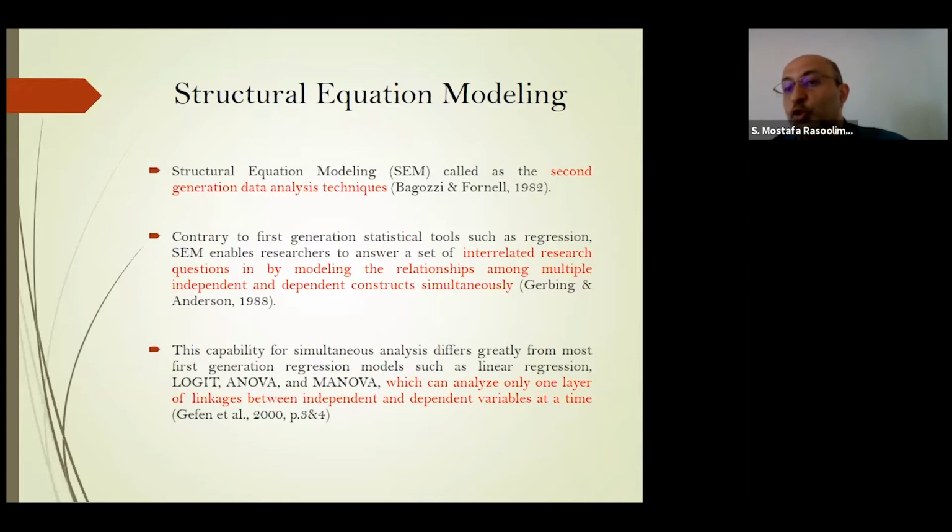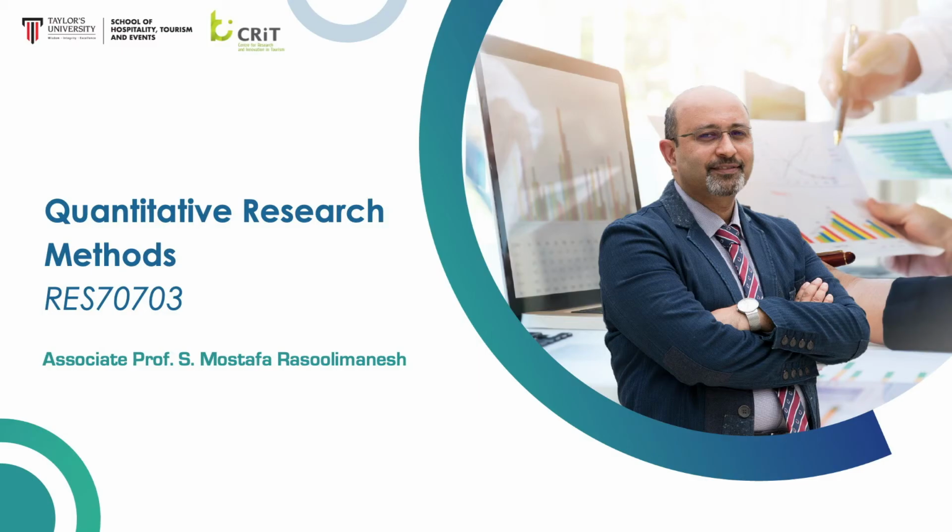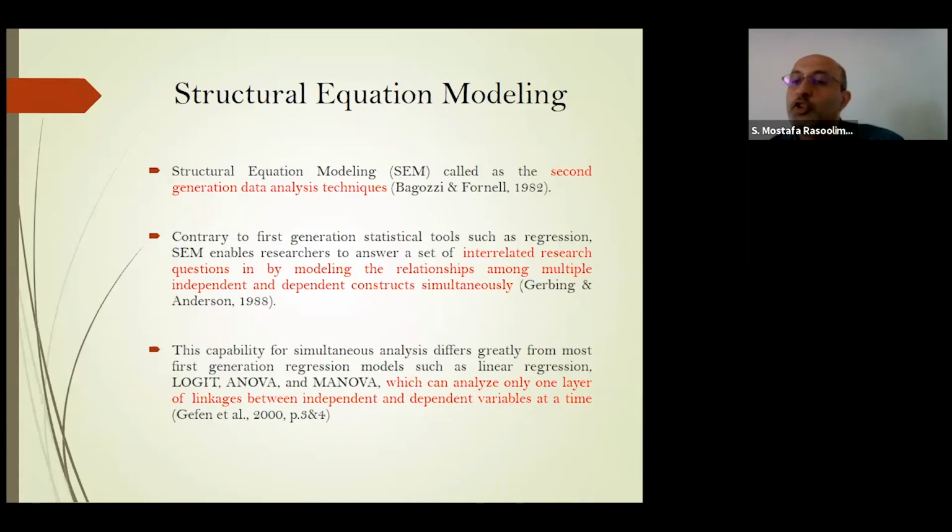So to run multiple regression, what do we need to do? First, we need to calculate the value or score of the variable, right? So to include community attachment, economic gain or positive perception in the regression model, in the regression equation, first we need to calculate the score of this variable.